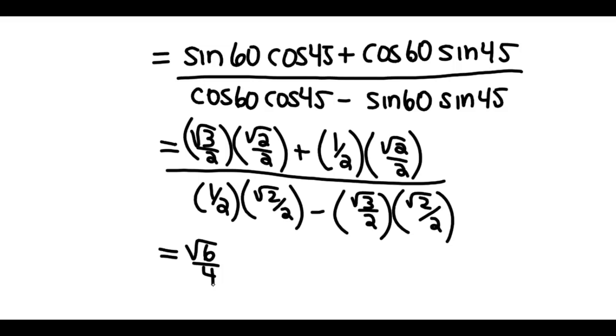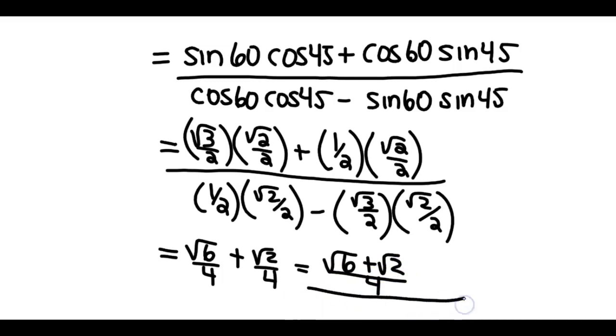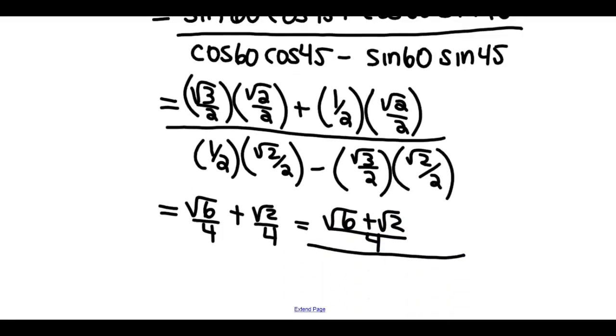So root 6 over 4, and this one is plus root 2 over 4. I'm just going to combine our top here. Our top would be root 6 plus root 2 over 4. And then our bottom is going to be root 2, and we're going to have a common bottom of 4, subtract root 6.